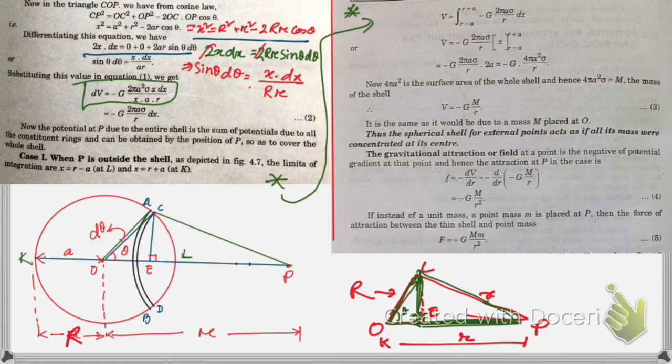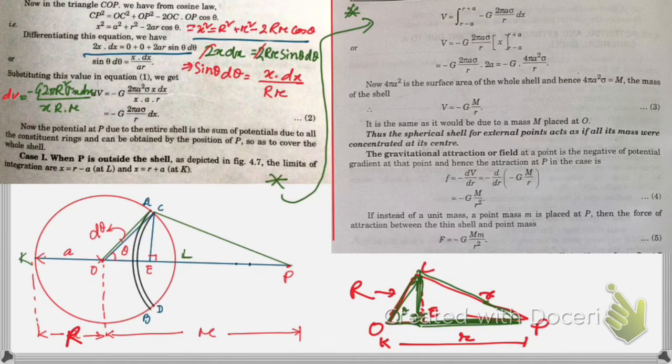Your dv will be equal to minus capital G 2 pi capital R square sigma x dx divided by x capital R small r.